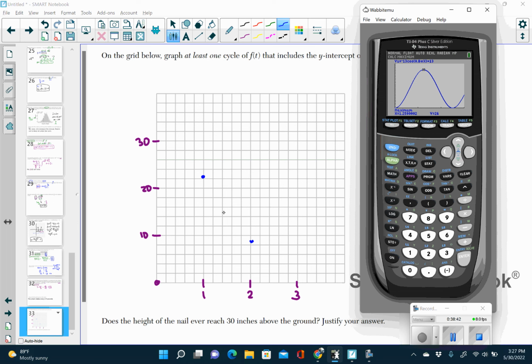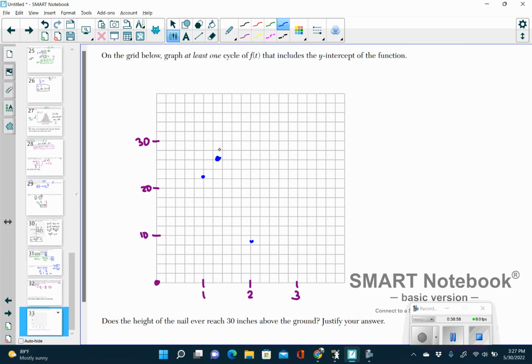So 1.25, okay, it's around there, and 26. So 20, 22, 24, 26. Okay, so somewhere around there is going to be my highest point. So I'm going to go ahead and now sketch it. So it's going to look something like this. It's going to be curved.